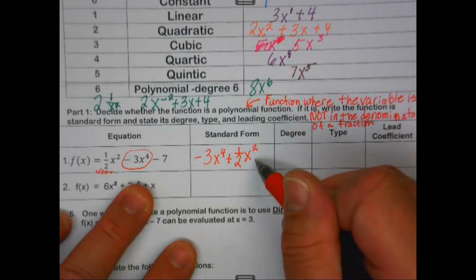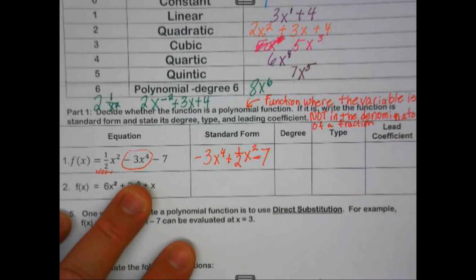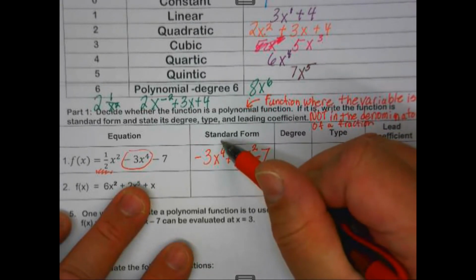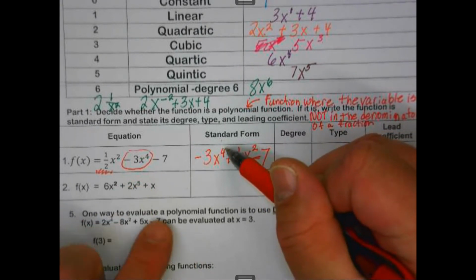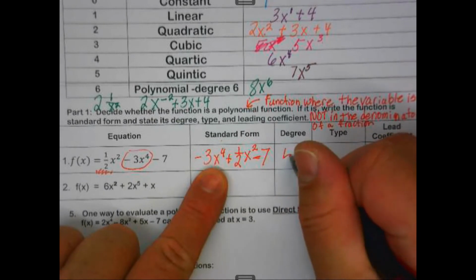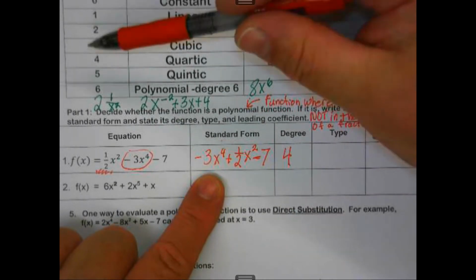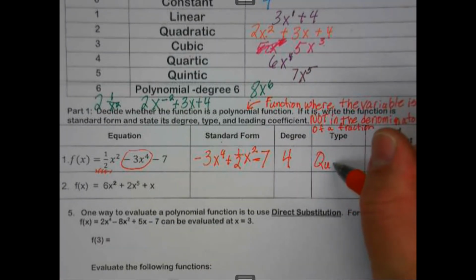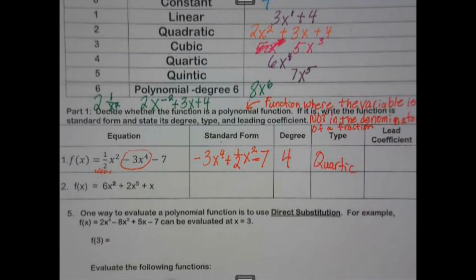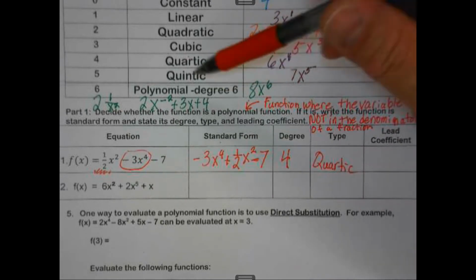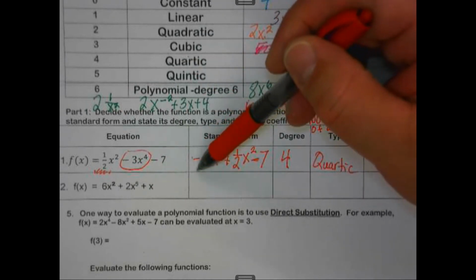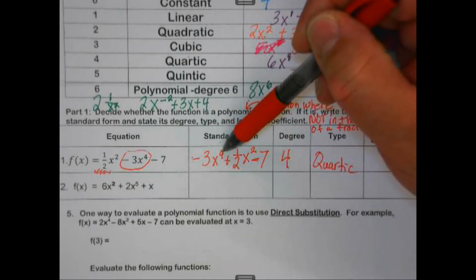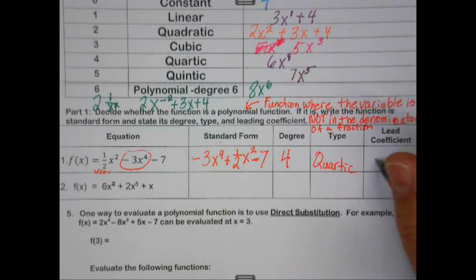And then my constant is -7. The degree is the highest exponent of the variable, so it's a 4, which we call quartic. And the lead coefficient is that number being multiplied to the highest degree variable, which is -3.